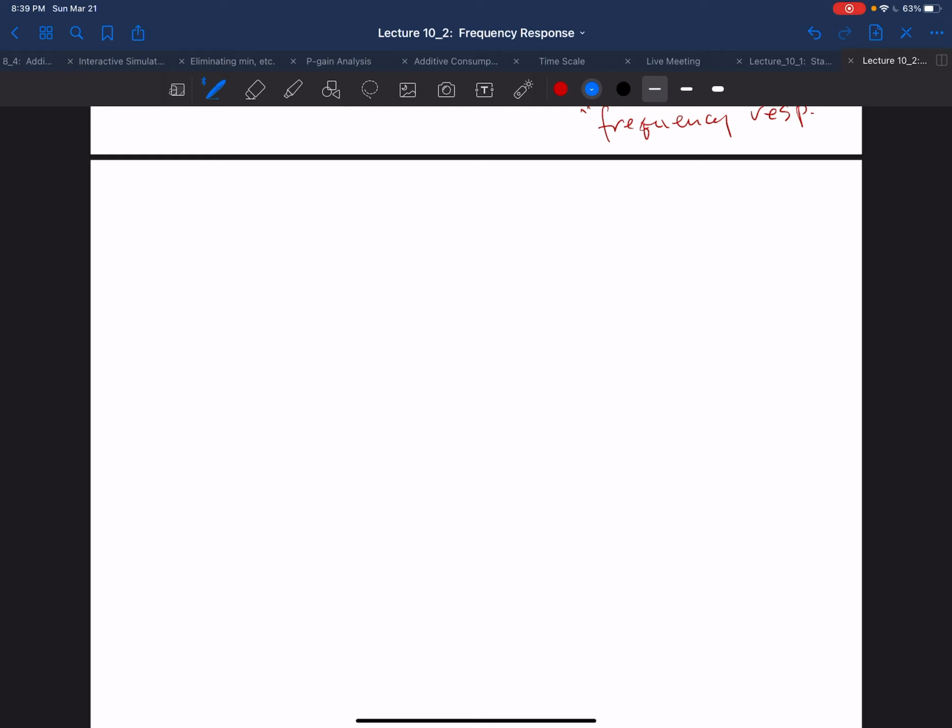Now, since we're multiplying h of j omega by e to the j omega t, it's convenient to put h of j omega into what is sometimes called a polar form. So let's think of h of j omega as the modulus of h of j omega times e to the j times the angle of h of j omega. Okay?